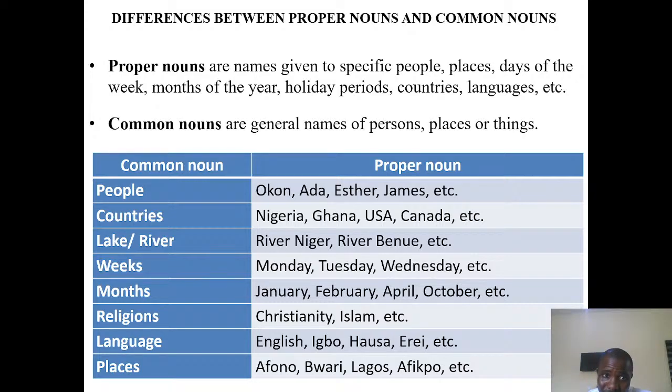But in a common noun, the name is for a group of people, group of places or things.